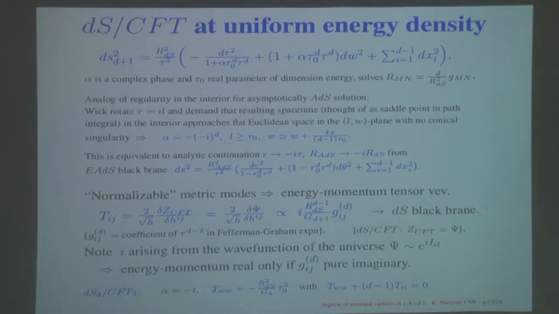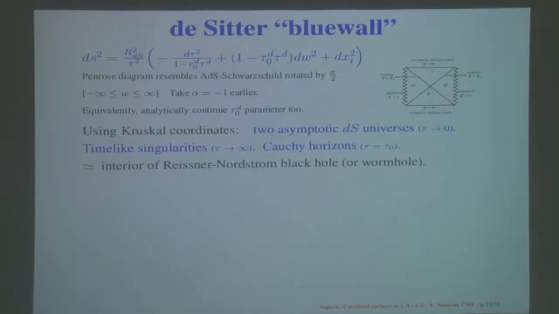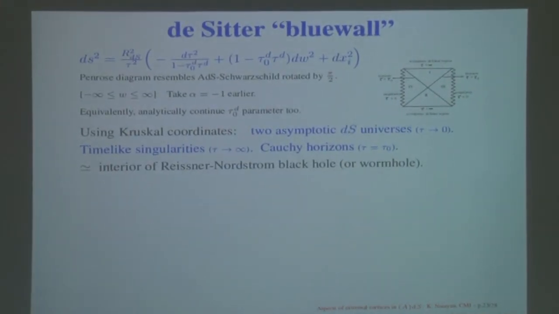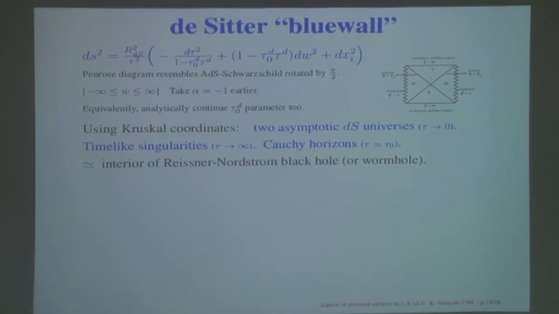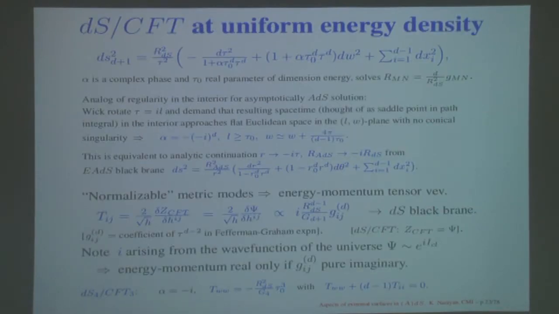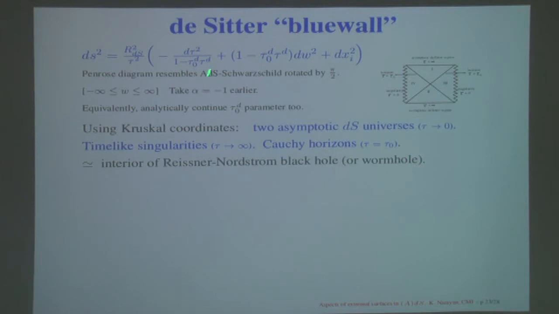Now one could have asked something else. One could have said, suppose I didn't take that to be the case. I started off with a metric like that, but I then continued the parameter also, so that I get a metric which is like that now. Okay.